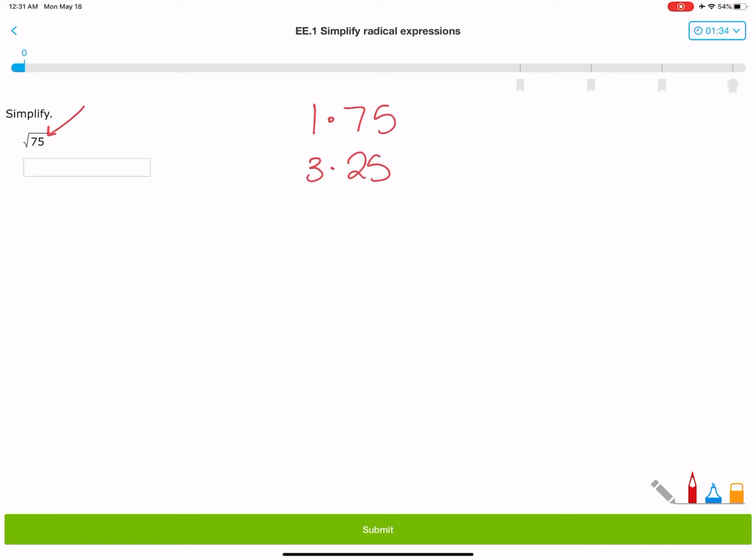No. Is there a square root of 25? 5 times 5. So I could rewrite the square root of 75 as the square root of 25 times 3, because 25 times 3 is the same thing as 75.